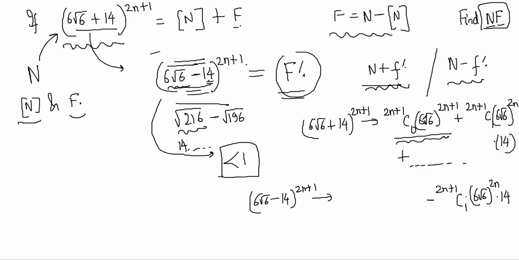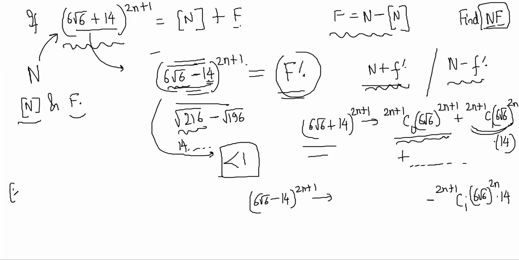I don't want odd powers because odd powers mean radicals are going to be left over. So I want to subtract so that I can cancel the first term. If I subtract, I will be left with the second and fourth term and so on.